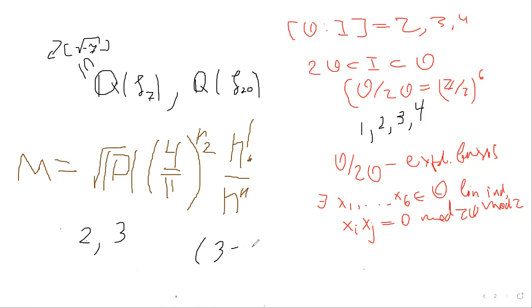And what is the norm of this inside of the bigger ring? Let's see. 3 plus square root of -7.